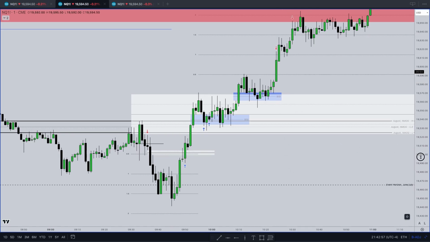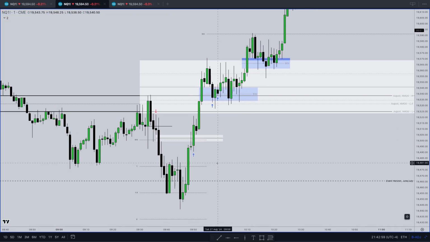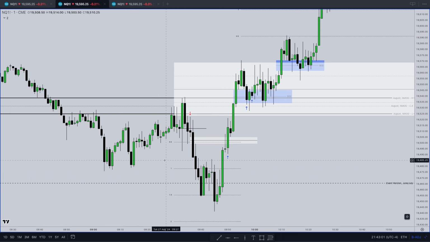And I want you to look at something really important. I was studying something that ICT said about the immediate rebalance and how you can use this to measure order flow. And this is something that I saw live today and was really good, because I was looking at this between these two candles.